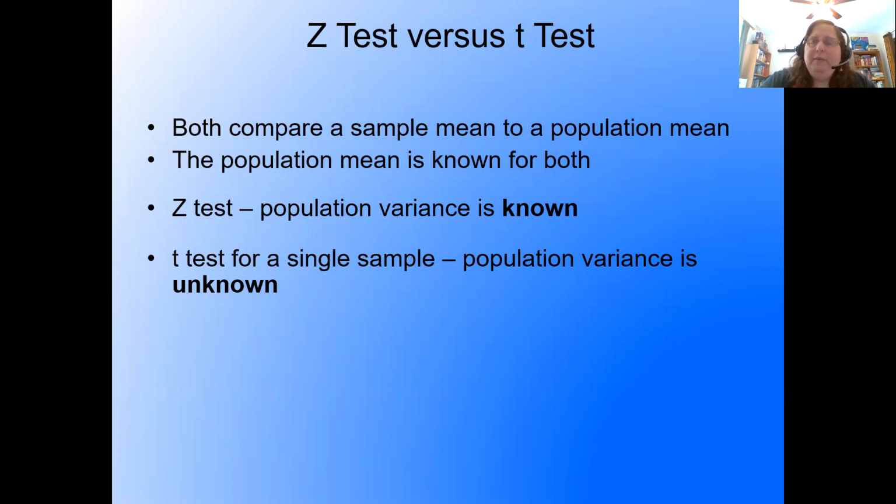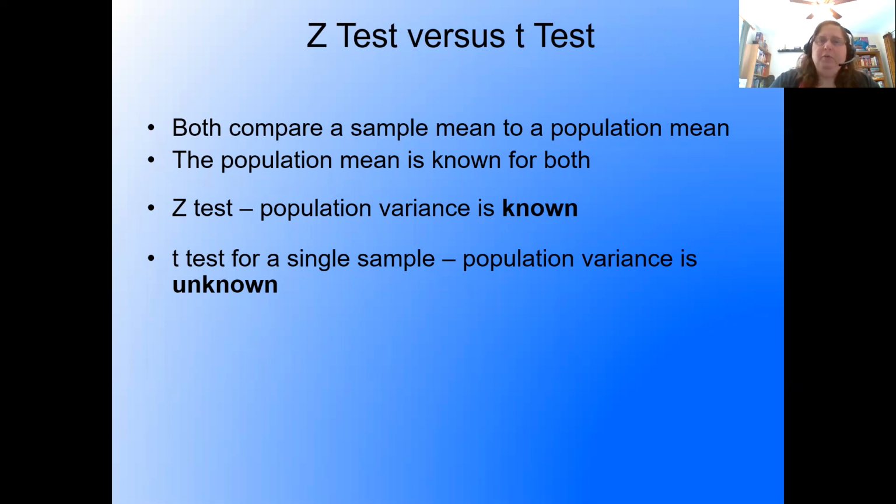We either know the population variance, sigma squared, or we know just plain old sigma, which is the population standard deviation, or we know sigma of x bar, the population standard error of the mean. If we know any of those, we are going to say that the population variance is known. Okay, so we're looking for one of those three.